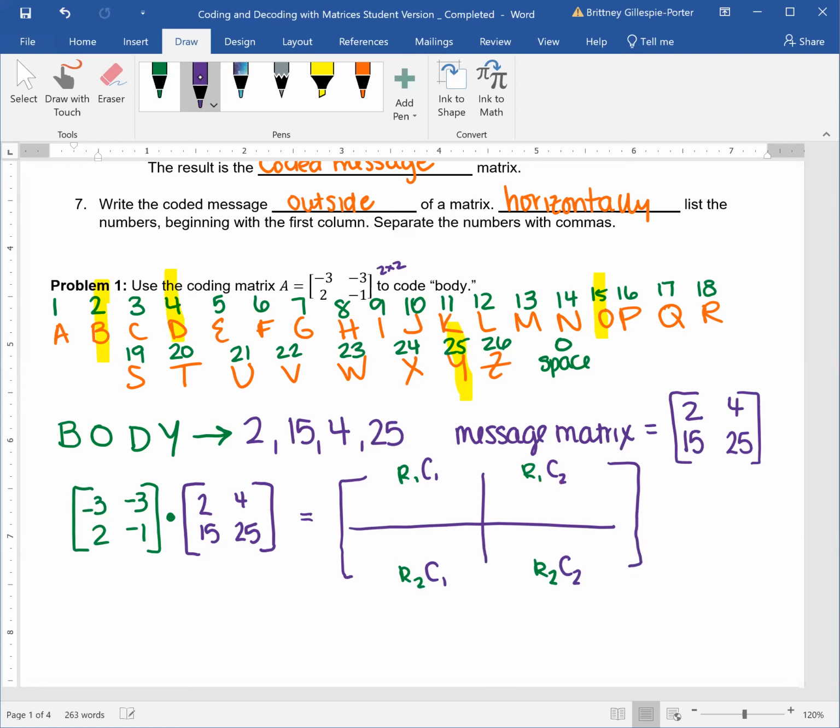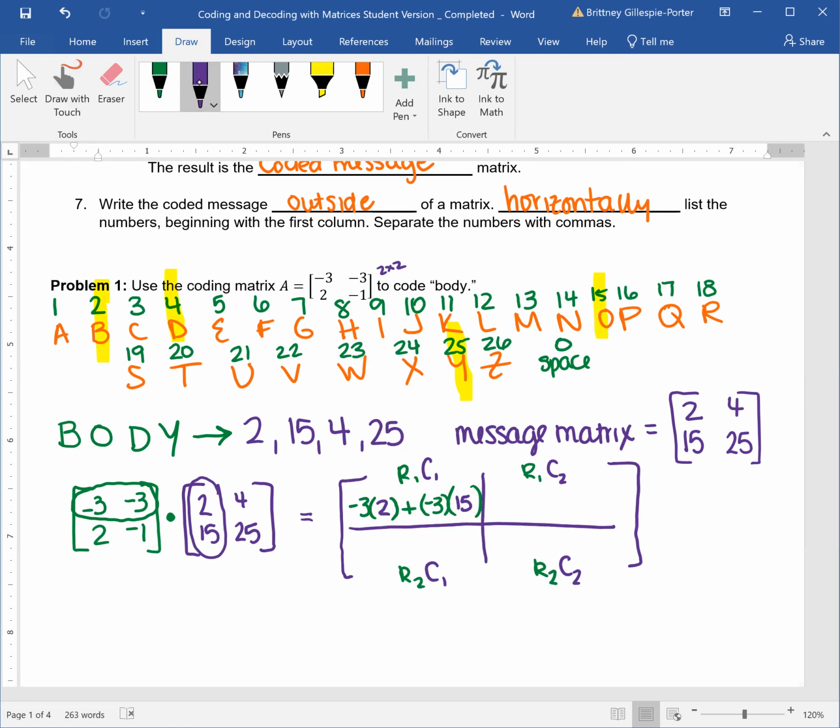And remember that this is designed to help you with the multiplication. We are going to do row 1 of our green matrix times column 1 of the purple matrix to go in row 1, column 1. So we're going to have -3 times 2 plus, because it's always plus, -3 times 15.